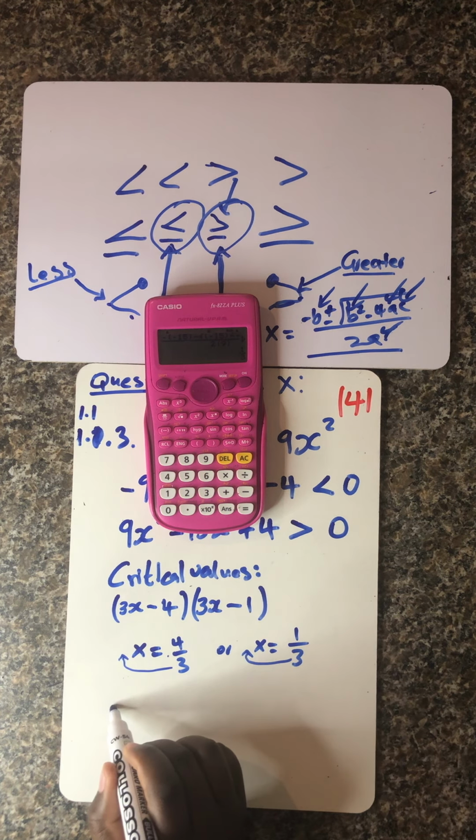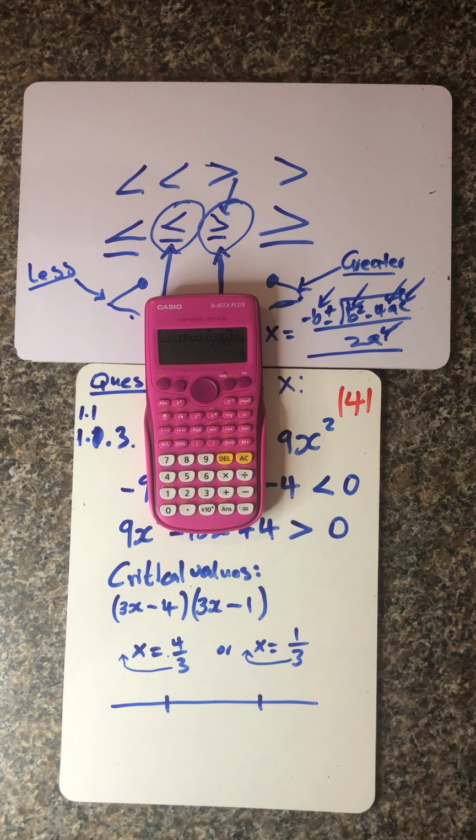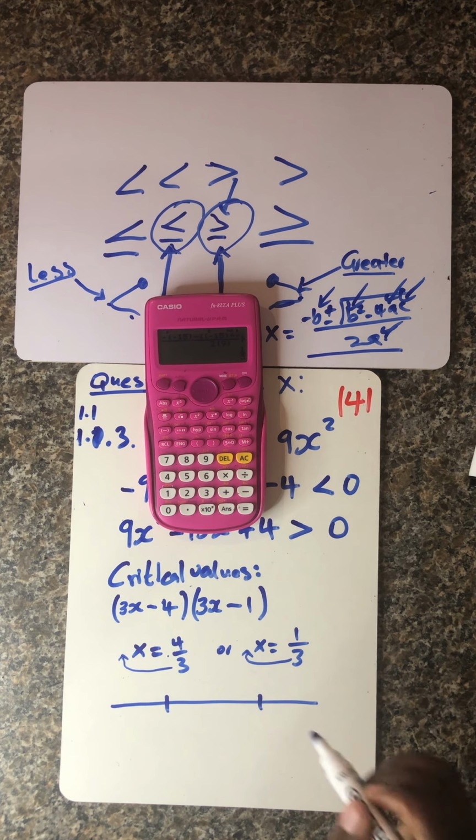Now you can easily do your number line. Ladies and gentlemen, I assume you now have an idea of exactly what I'm doing. Remember, these are two positive values. You just need to know which one is the smaller value and which one is the bigger value.